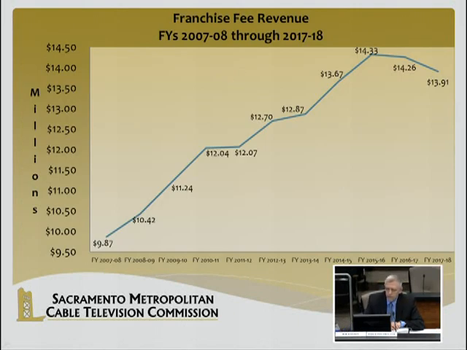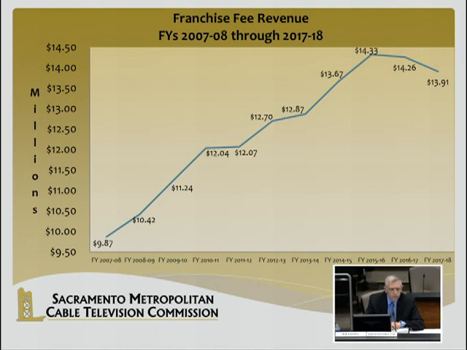So in preparing this budget, we like to look at the trends in the franchise fee revenue that we're getting from the cable video companies. And I know that we've reported out over the last 2 years that we've seen a significant decline in the revenue coming from AT&T.